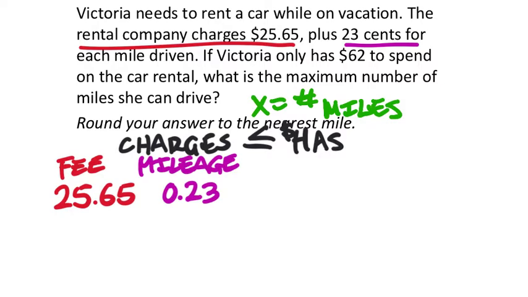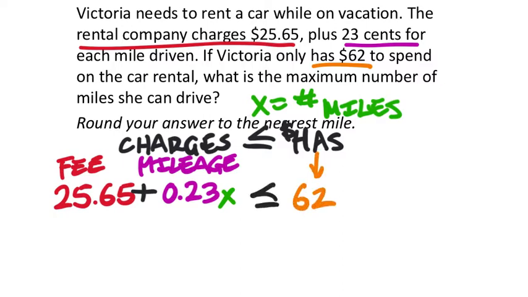So if you take the mileage and multiply it by the number of miles she drives, that would tell you how much she will be charged just for the mileage. We need to add those two together to figure out how much the total charge or cost would be. Well, how much does she have or have had, whatever. It says $62, right? So there's how much she has, $62.